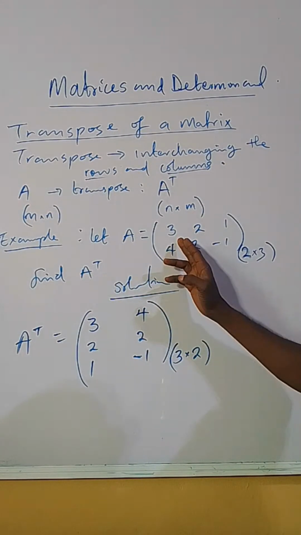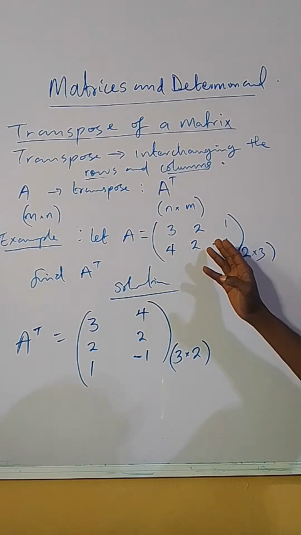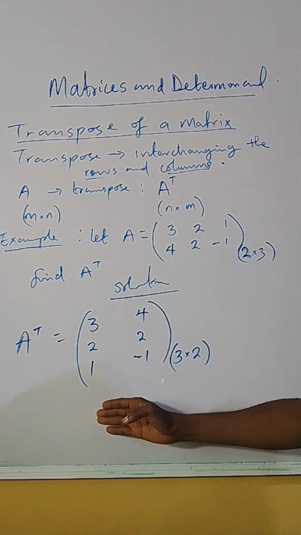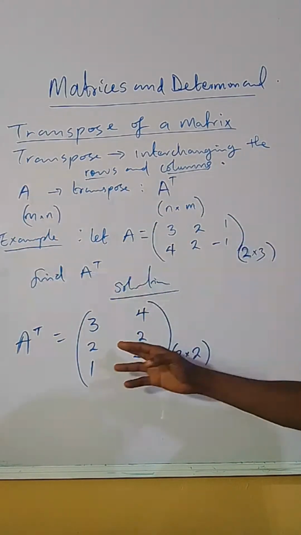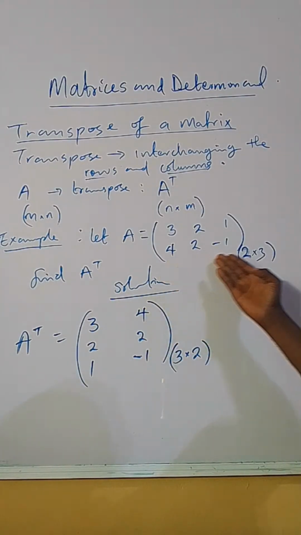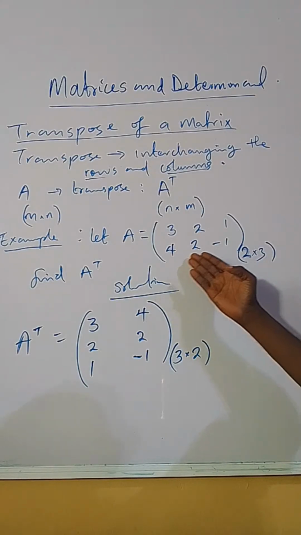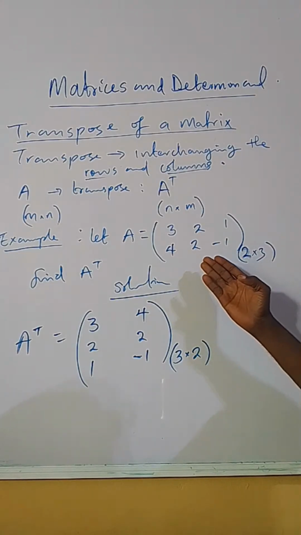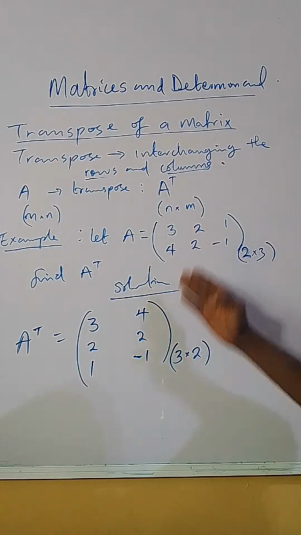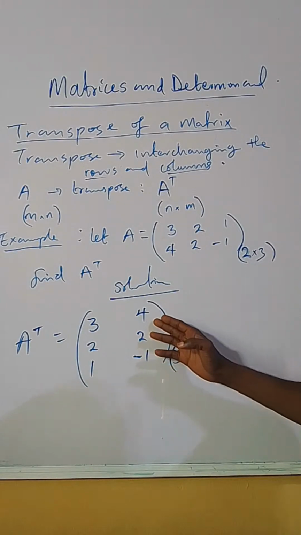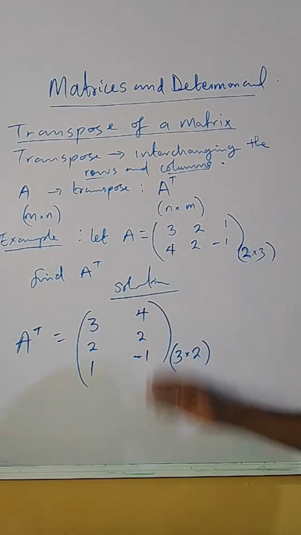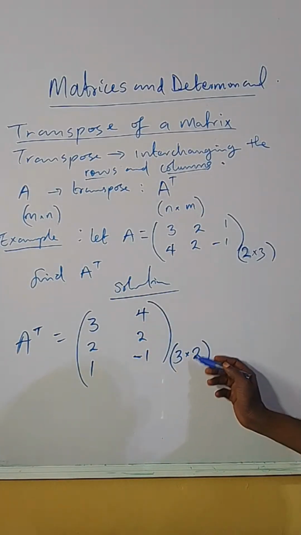Here, the first row we have 3, 2, 1. Instead of writing it as a row, we are going to write it as a column. So that's why we have 3, 2, 1 here as a column. And also the second row, which is 4, 2, minus 1, we are going to write vertically as the second column. So it's now having 3 rows and 2 columns. So now we have a 3 by 2 matrix.